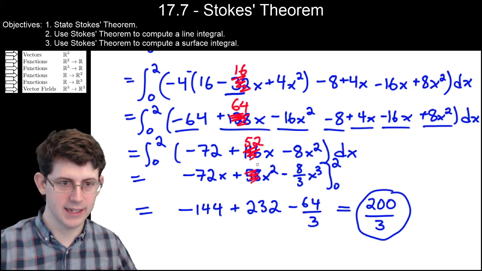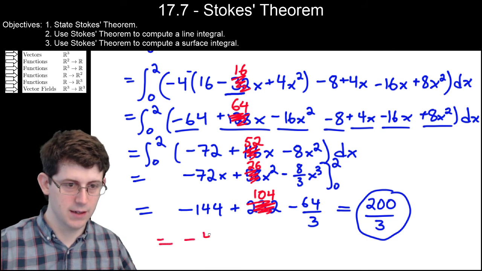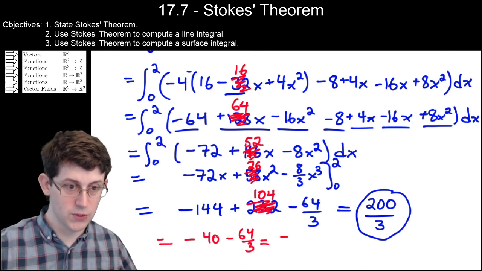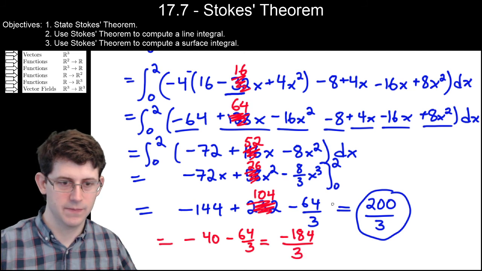Integrating that, instead of 58, I'll get 26. And then 26 times 4 is 104. So now I have minus 40 minus 64 thirds. And that's minus 120 thirds minus 64 thirds. So it's minus 184 thirds.